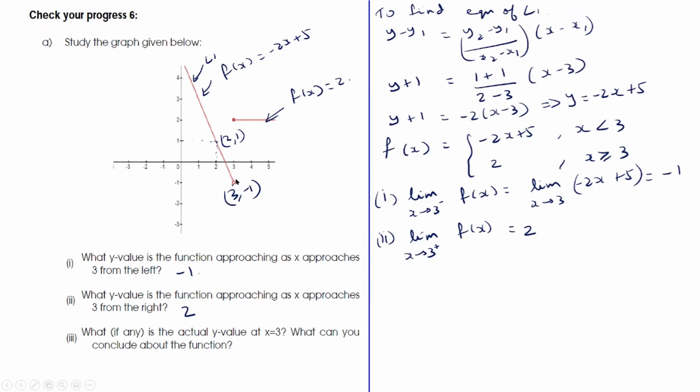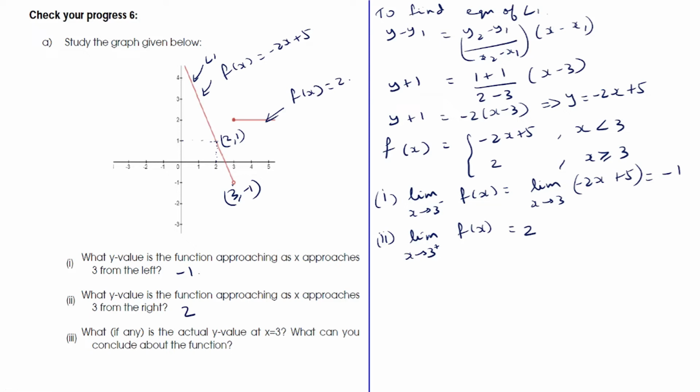Here we can see that there is a circle, which means x equal to 3 is not included. We have f of x equal to minus 2x plus 5 for x less than 3. Whereas here we can see a darker point, so it means this point 3 is included. So f of x is equal to 2 for x greater than or equal to 3.